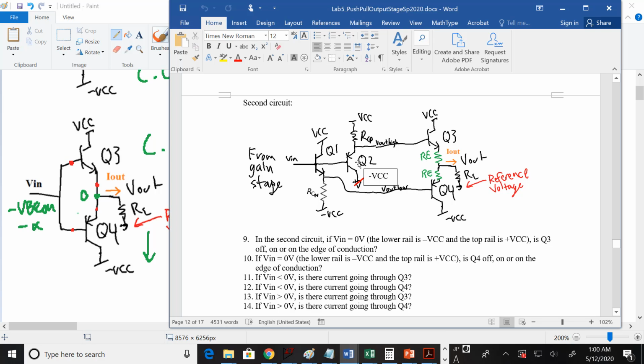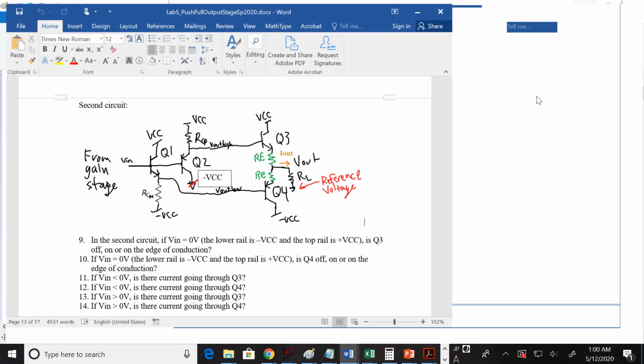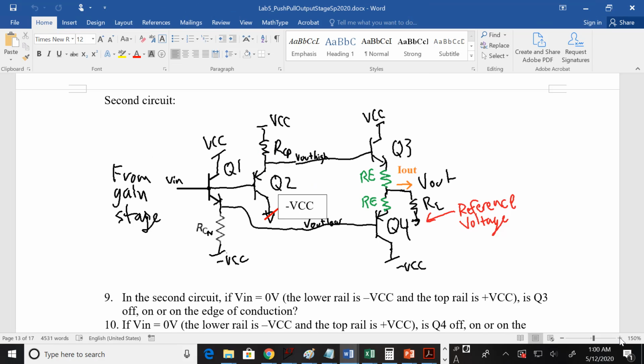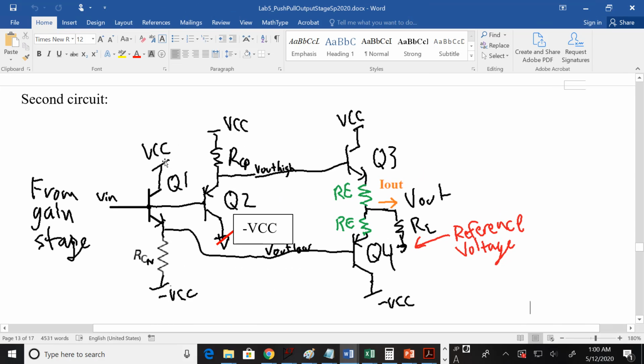And the way to look at that is these are two common collectors, and another name for a common collector is a level shifter. So an NPN-based level shifter or an NMOS-based level shifter shifts the voltage down, and a PNP-based or a PMOS-based level shifter, or common drain, shifts your voltage up. So on a PNP, the emitter is higher than the base.